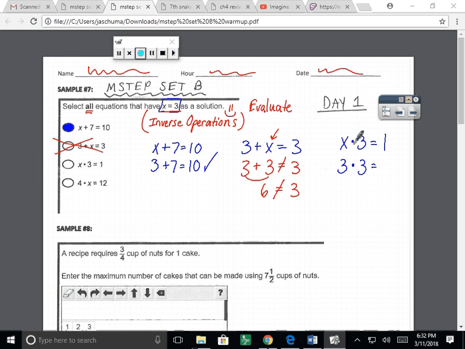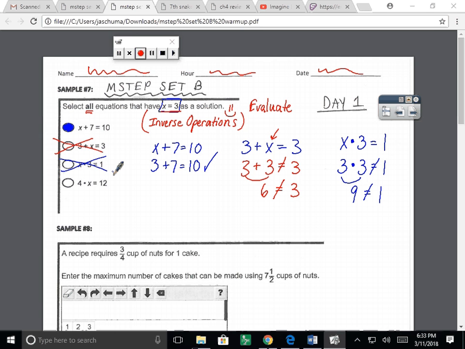And remember this dot here, it's floating, a little bit higher than a decimal, so that you know we were talking about multiplication. When I do this substitution, what is 3 times 3? Hopefully you know that's 9. Here we end up with 9 equals 1. Was that a true statement? No, 9 can never be the same as 1. This does not check out. Again, if I had my cross-off tool, I'd definitely get rid of this option.